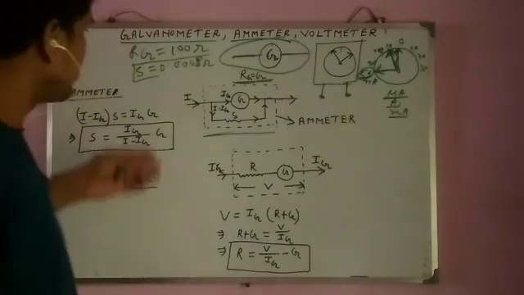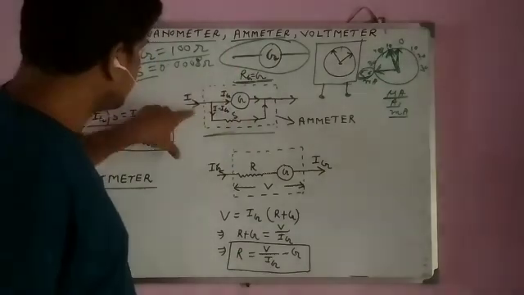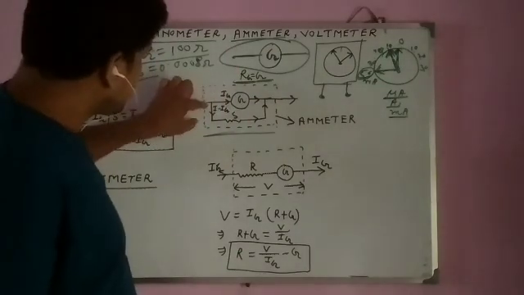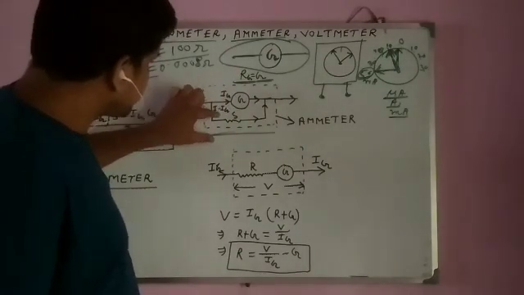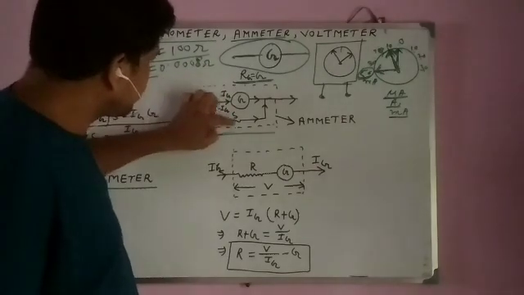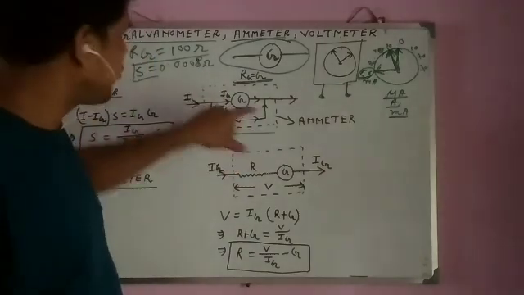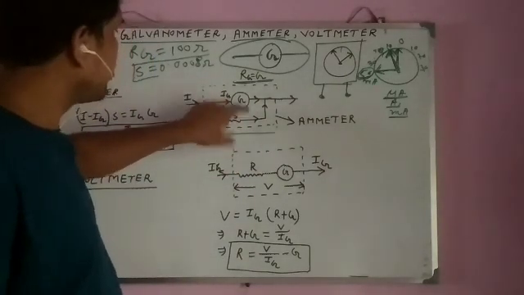So when current flows through this combination of shunt resistance and galvanometer resistance, the maximum current will flow through the shunt resistance, and the minimum current will flow through the galvanometer.